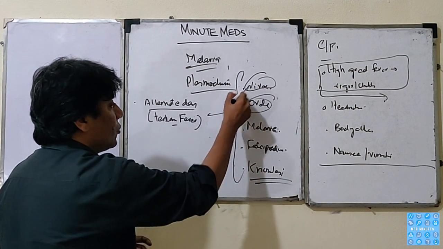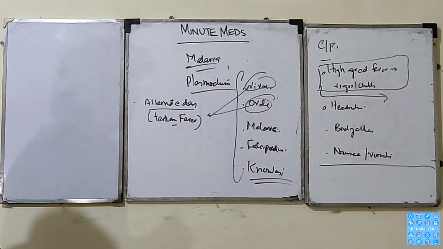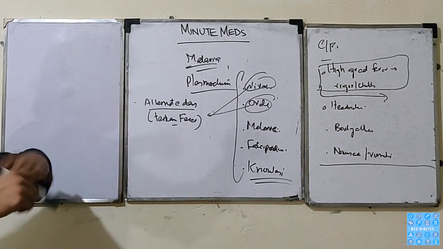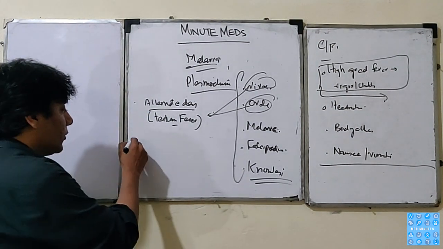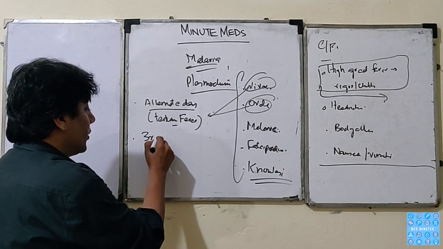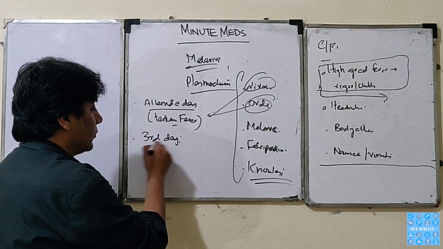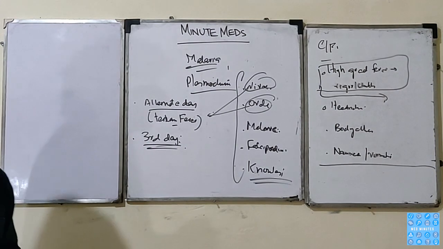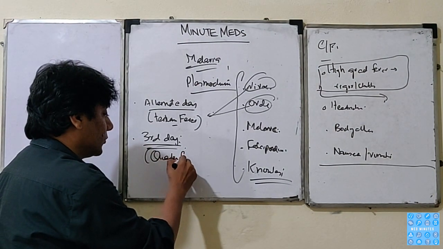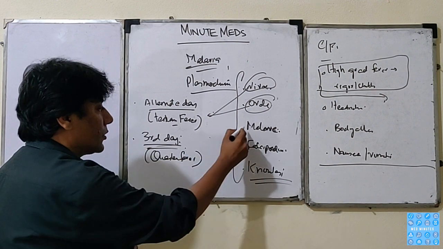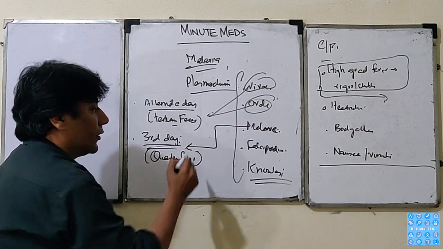And the strains are usually the Vivax and ovale. These usually have this pattern every other day, every second day the patient has fever. If the fever occurs on every third day, then this is called quartan fever. It is caused by the strain malariae.